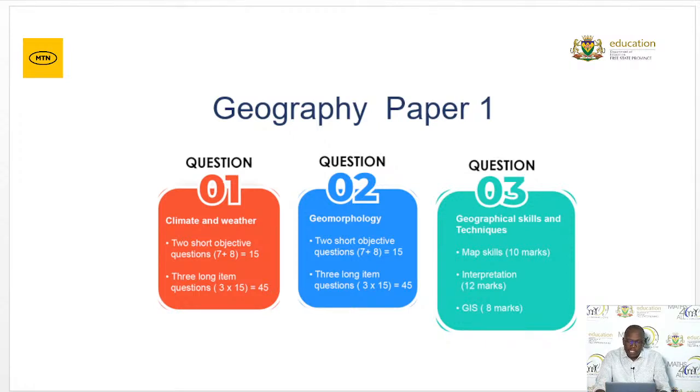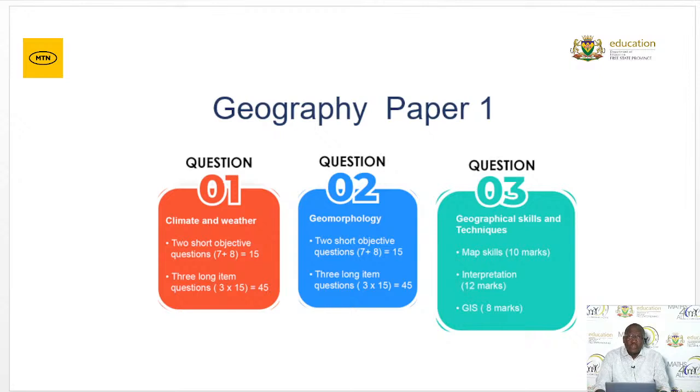And then the last question is Question 3, geographical skills and techniques. Learners, if you look at the division here, the first one is 10 marks. In that particular 10 marks, remember, it's our calculations. And every time you must be able to note a follow-up question on each and every calculation.